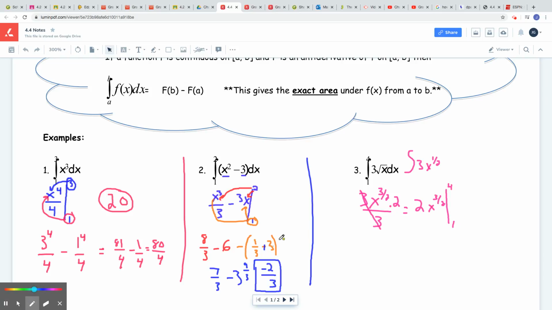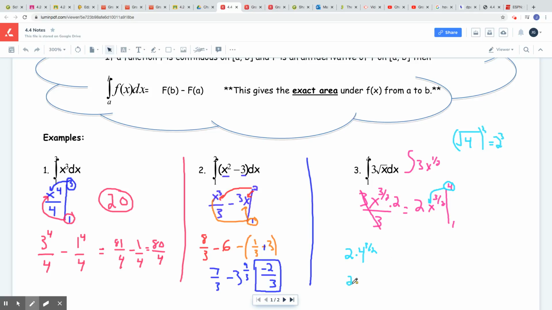So take 4 and plug it in. We got 2 times 4 to the 3/2. Now, what does 4 to the 3/2 mean? It means the square root of 4 cubed. So the square root of 4 is 2, and what is 2 cubed? 8.